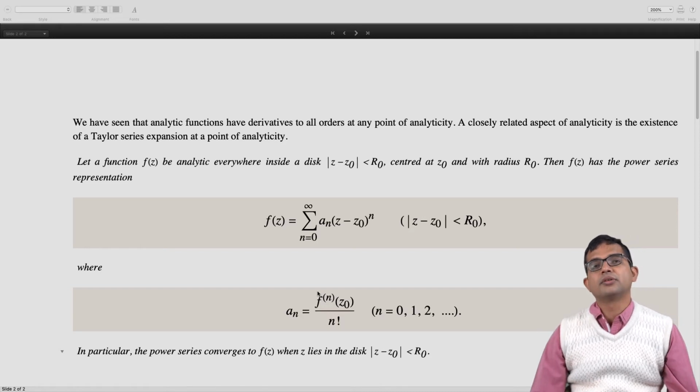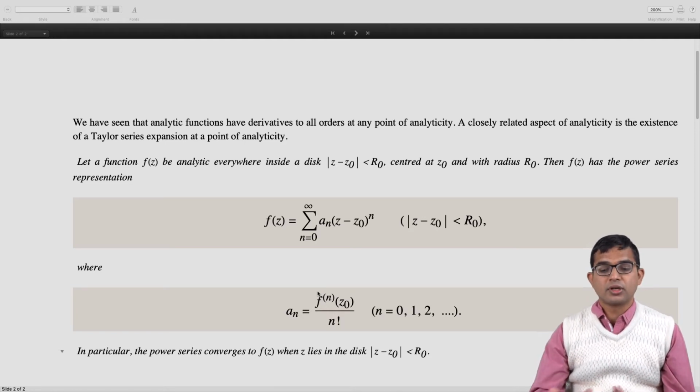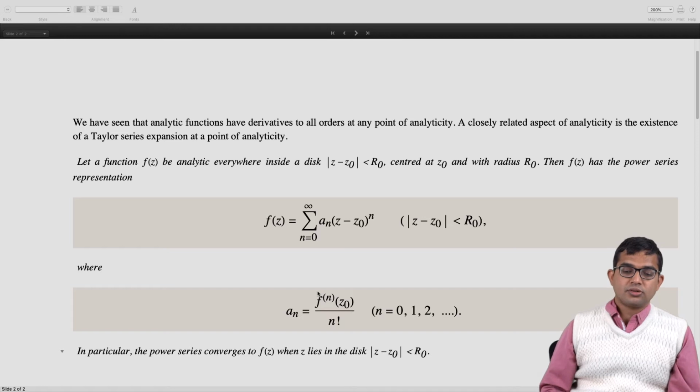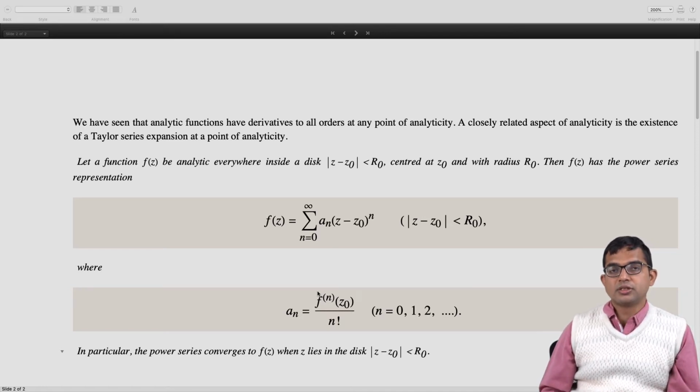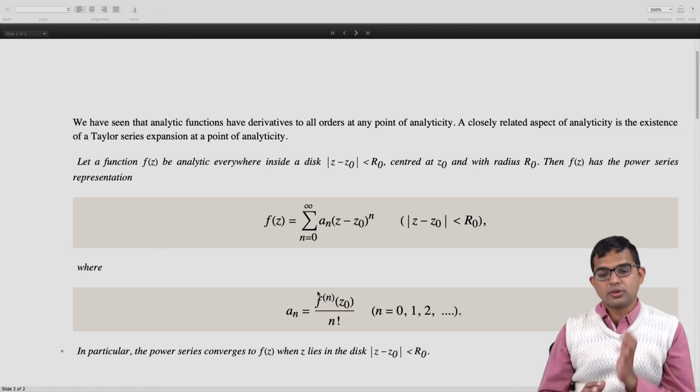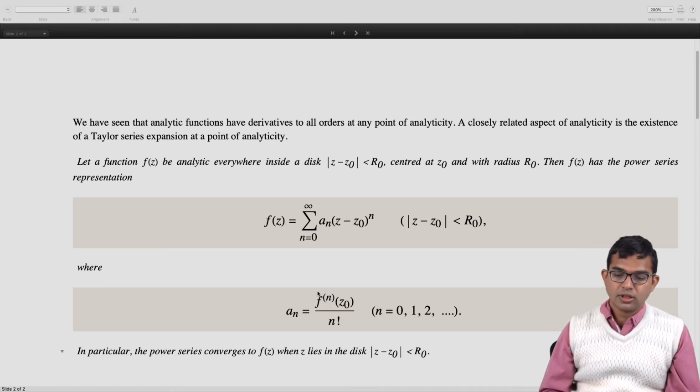So even if you are working with a function of a single variable or just a function of two variables, let's say, to compare with f(z), then for a Taylor series expansion to be convergent, there are conditions which go into this.